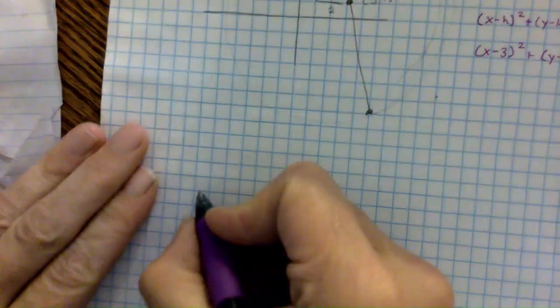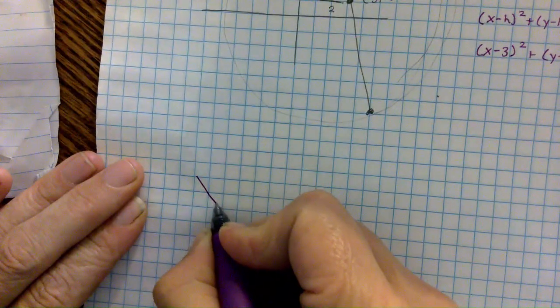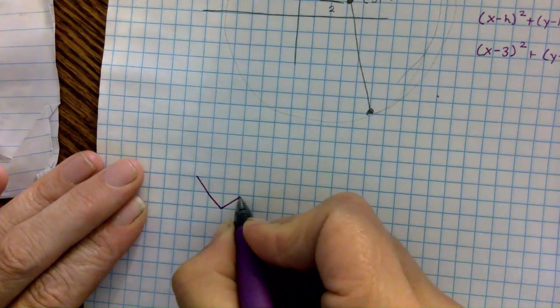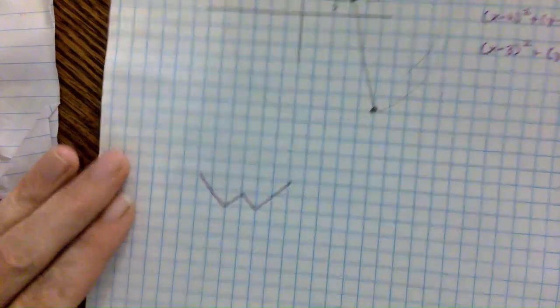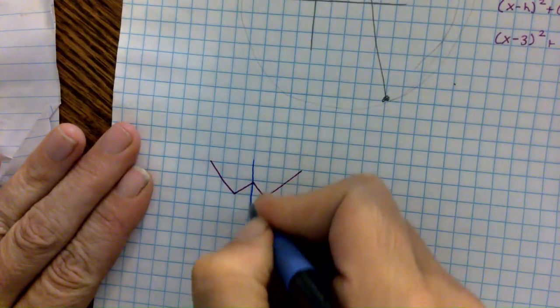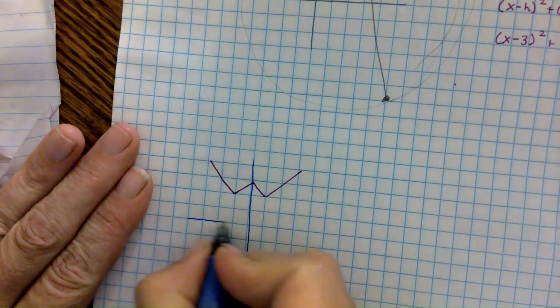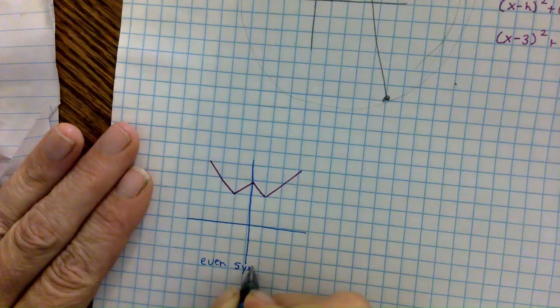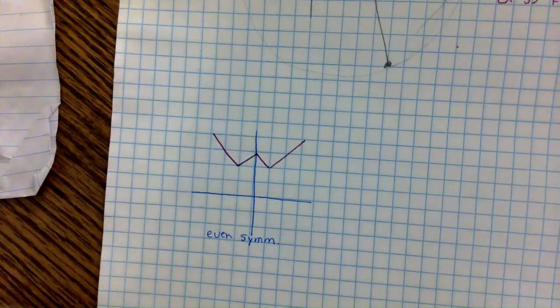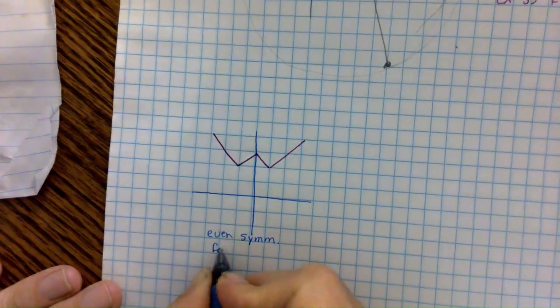We have what's known as even symmetry. And even symmetry means it folds on the y-axis.